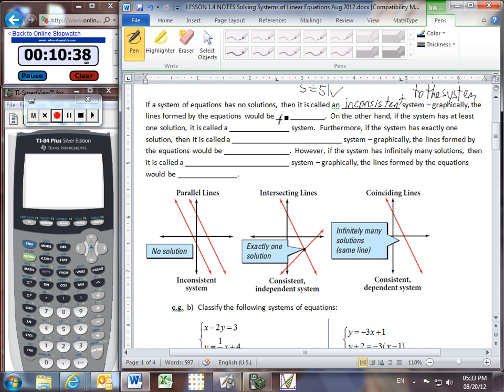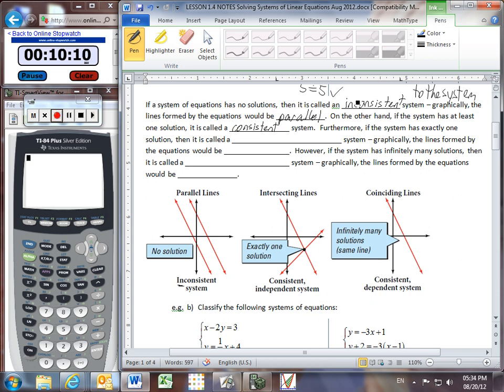They must be parallel. And there's a picture of that down here. Here's parallel lines. So you see they never intersect. That means that there is no solution. And we call this an inconsistent system. On the other hand, if the system has at least one solution, it is called a consistent system.